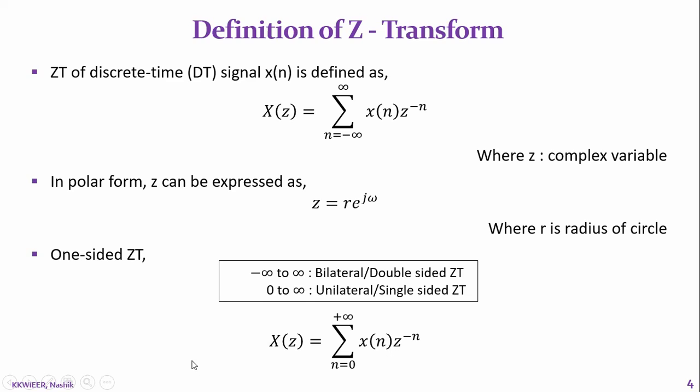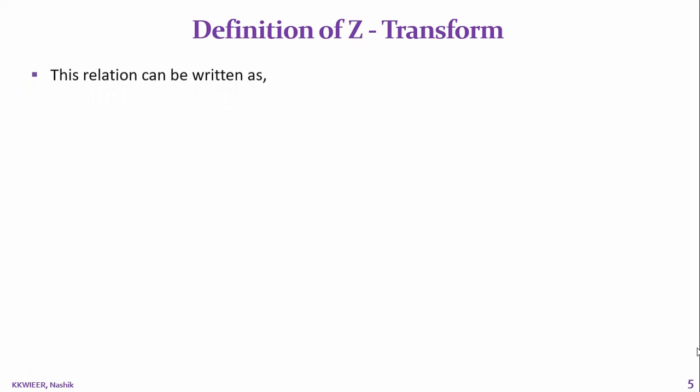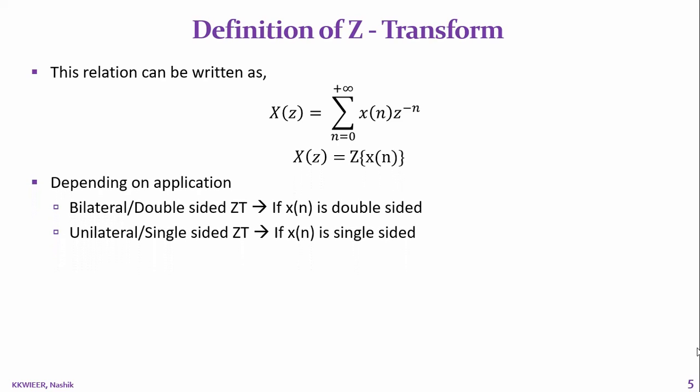It will not go on the other axis. This relation can be further written as x of z is equal to Z of x of n. So this is a short version of writing a Z transform, that is, the output x of z is the Z transform of this x of n DT signal.